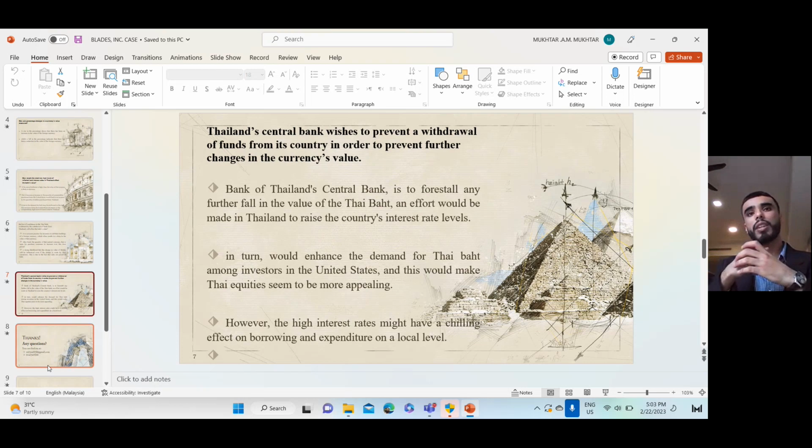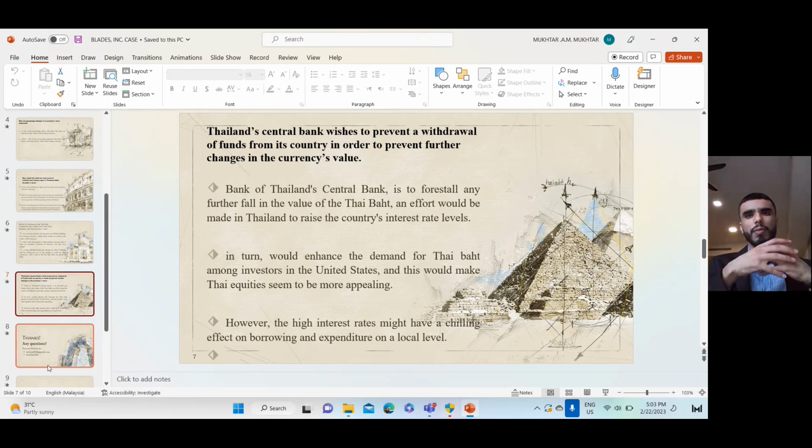The Bank of Thailand Central Bank foresaw any further fall in the value of the Thai baht. An effort would be made in Thailand to raise the country's interest rate levels. So when you give very good interest rates, you're going to attract investors. The investors will come to Thailand and see the good results here.